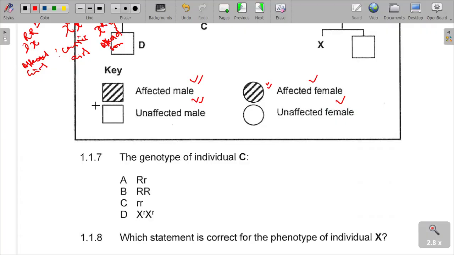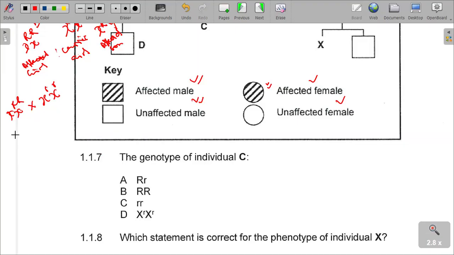Another possibility is an affected father marrying an unaffected woman.